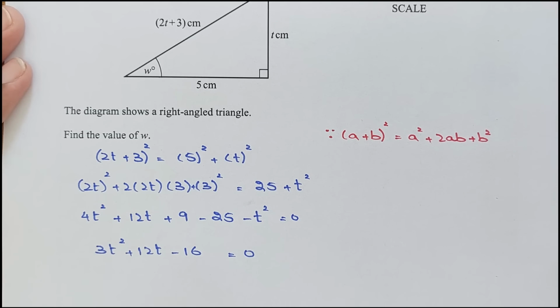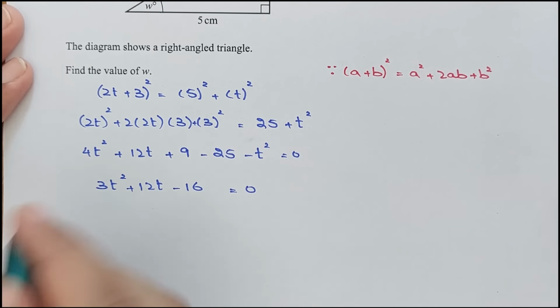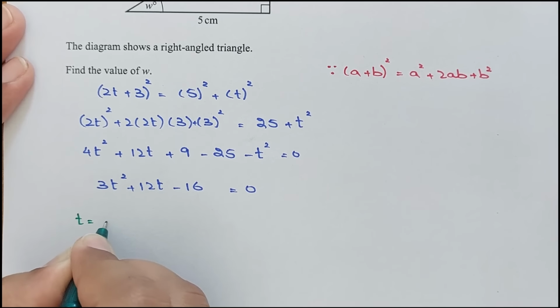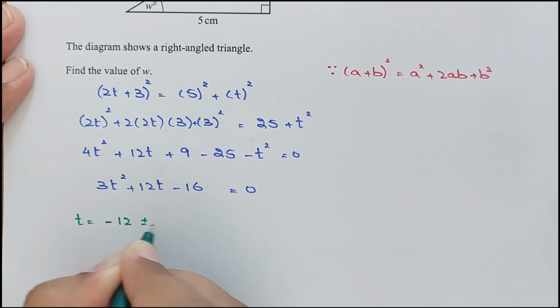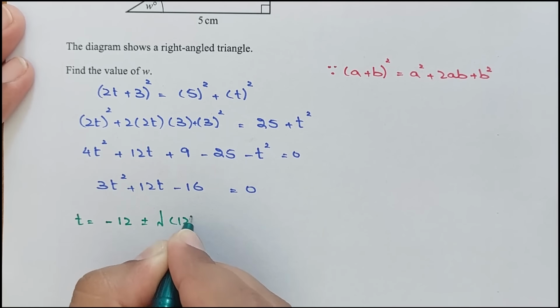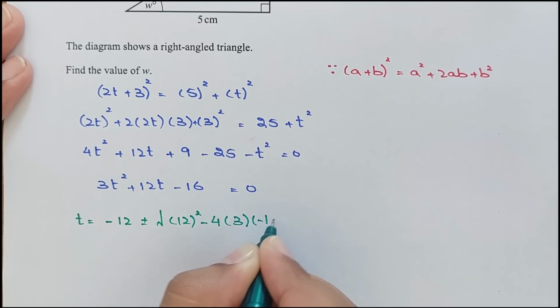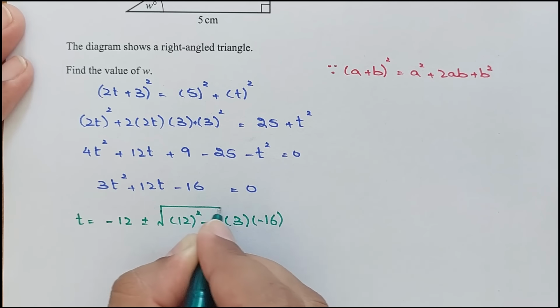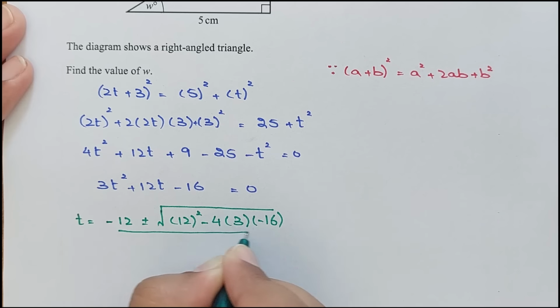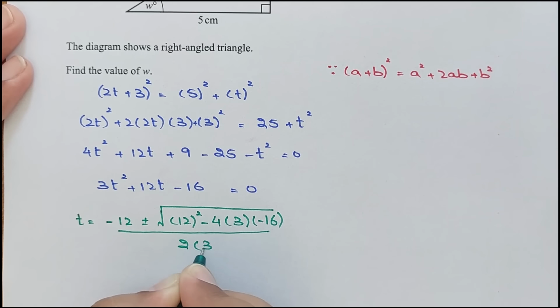So apply the quadratic formula. So t is equals to negative of b value plus minus square root b square minus 4 times a and c value, the square root, and divided by 2 times of a value, which is 3.